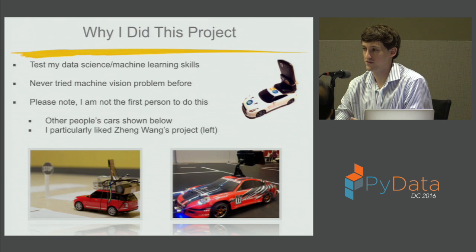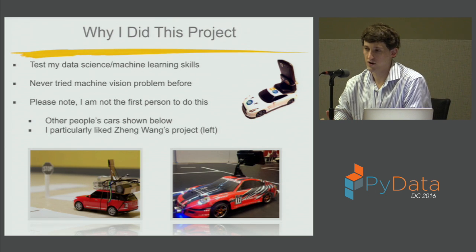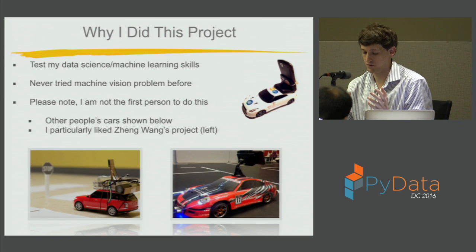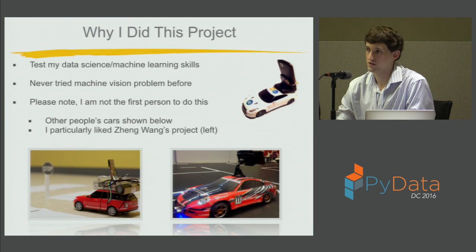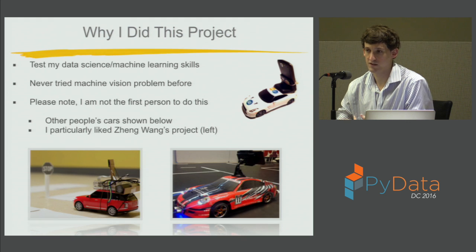Most of my data science machine learning work has been with gradient boosting or decision trees or linear models, stuff like that. And I never actually used deep learning, in particular neural networks, which are very, very popular these days. And so I wanted to see how I could play around with that.